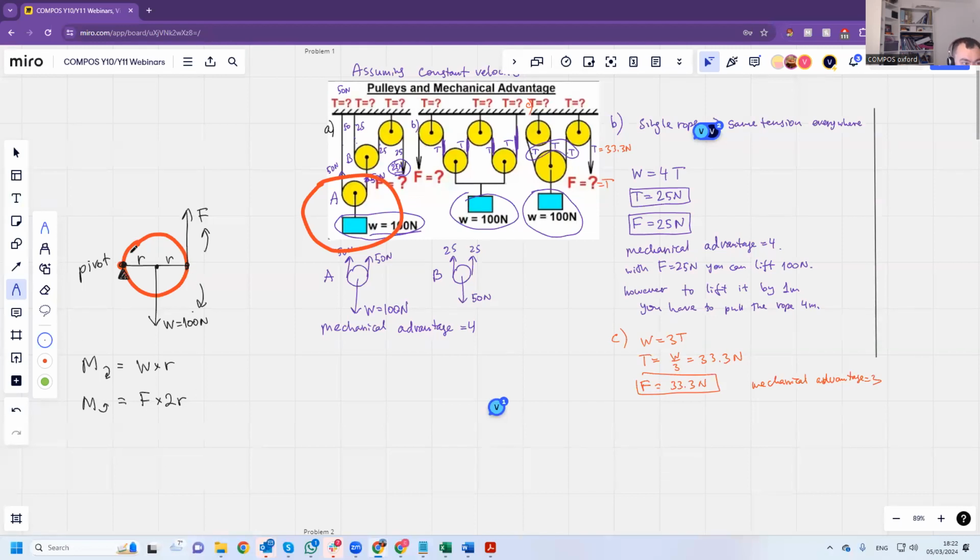And because in order for it to be stationary, these moments have to be the same. Principle of moment says that the clockwise moment is equal to the anti-clockwise moment. That means that W times R is equal to F multiplied by 2R. And from here, we have weight is equal to 2F. Once again, if this is 100, then this must be 50 newtons.